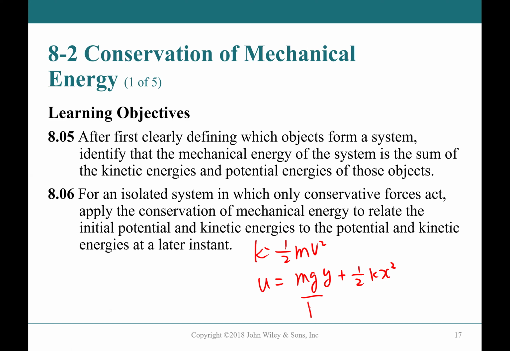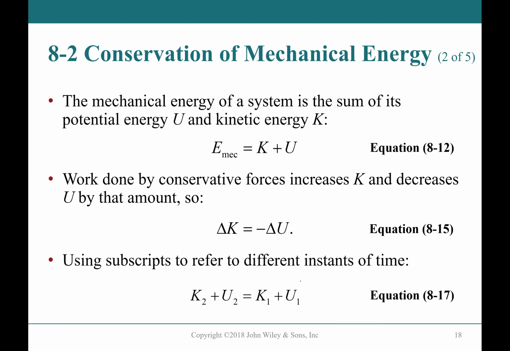This is gravitational potential energy, and this is spring potential energy, okay? G represents gravitational, S represents spring. So these are the kinetic and potential energy we know, and what is conservation of energy.